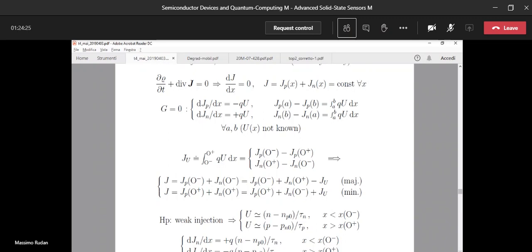So we can give it a name, as the mathematicians do. When we don't know how to deal with some term in the equations, we give it a name, okay? So Ju is the name of that integral. We don't know its value. Ju is also called the recombination current density, okay?